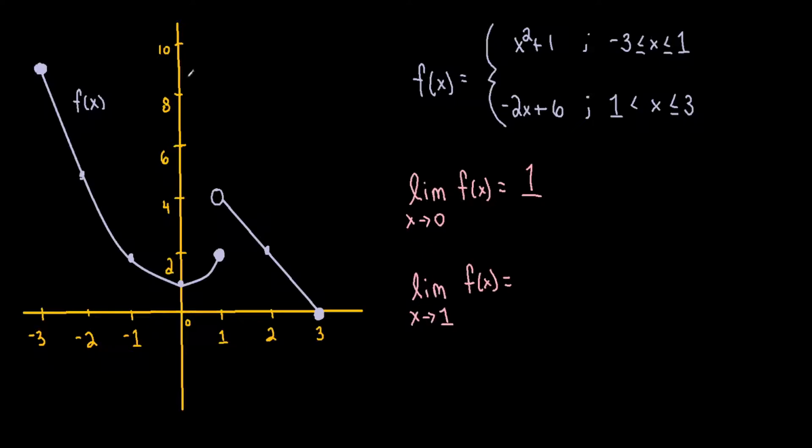So by looking at our graph, as x approaches 1 from the left-hand side, our f of x gets closer and closer to 2. So we can say that the limit of our function as x approaches 1 from the left-hand side, which we denote with a negative sign since we're coming from the negative side of x, is equal to 2.